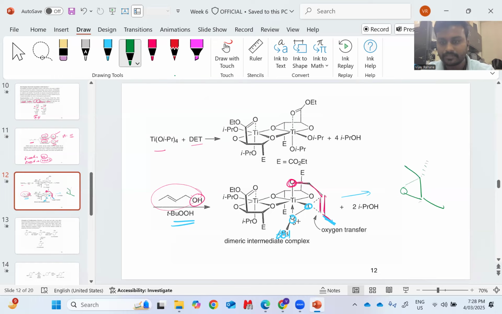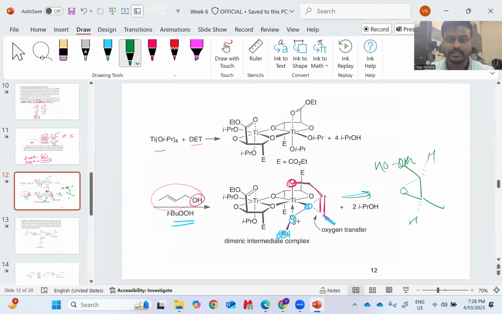So this is the product formed after the completion of the reaction. Oxygen transfer takes place on the same side of this titanium complex. As a result, we get the stereoselective epoxide.